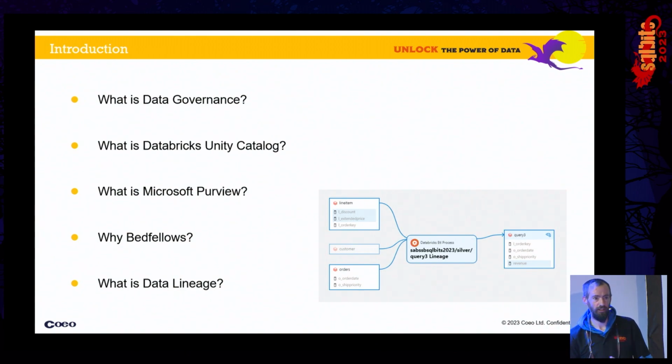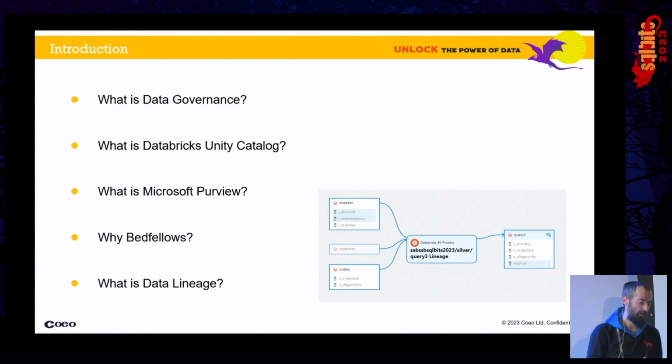Things like GDPR mean that when you handle data, you need to know where it's come from, where it's going, and who's accessing it. What we're going to talk about in this session is where it's come from and where it's going.